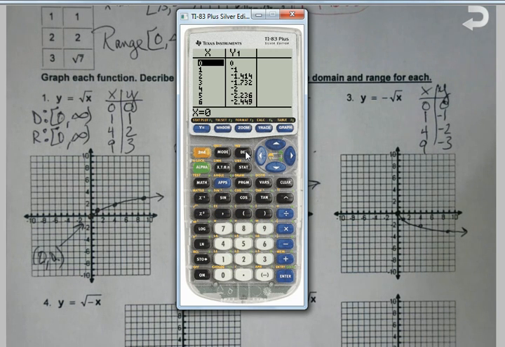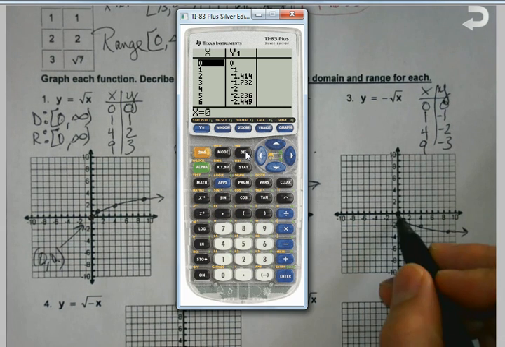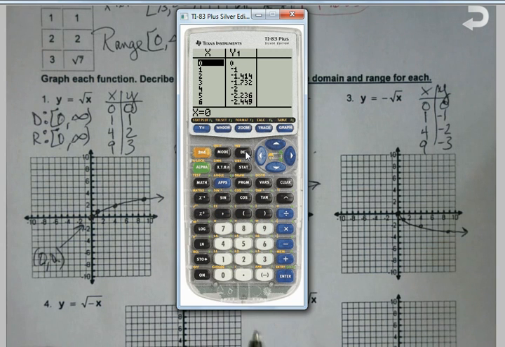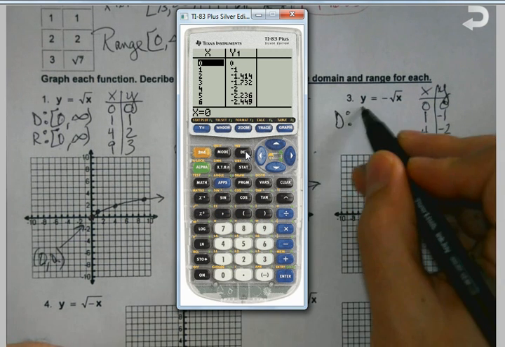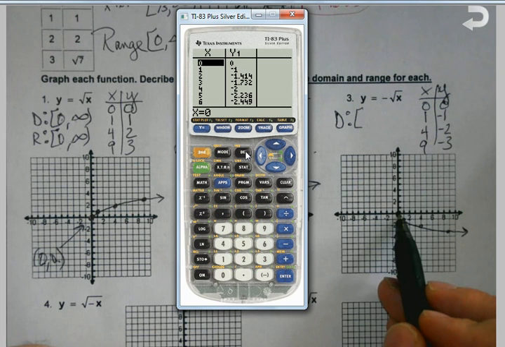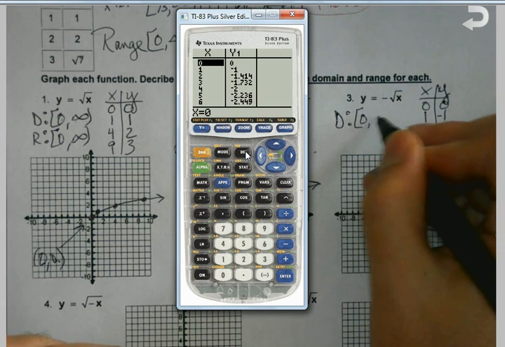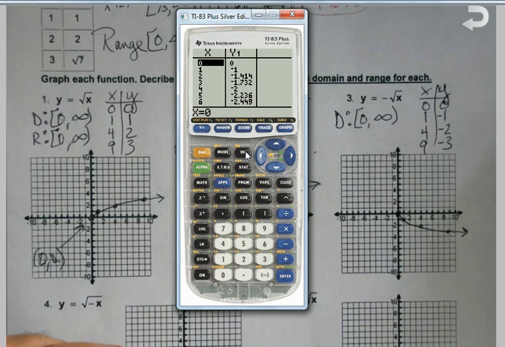But does that change anything as far as my domain and range go? Well, I do understand that I'm still originating at 0, 0, but let's think about this for a minute. Is this still my furthest point left? Sure. Okay, so my domain is still 0 to infinity because it's going to go off forever to the right.